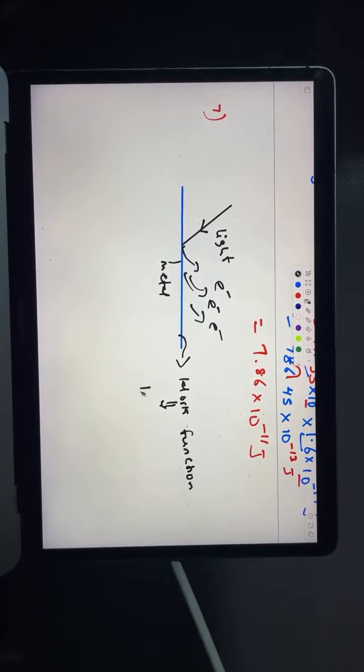So the work function W is given by the formula h f naught. What is h and what is f naught? h is the Planck's constant. So you need to go and read that last part of your New School Physics to get this very well. f naught is the threshold frequency.